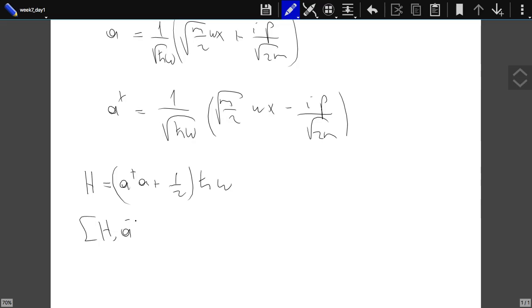If you take the commutator of H with A, this was proportional to A with a negative proportionality constant. And the commutator of H with A dagger was proportional to A dagger with a positive proportionality constant.